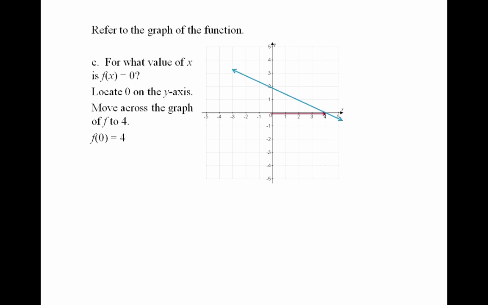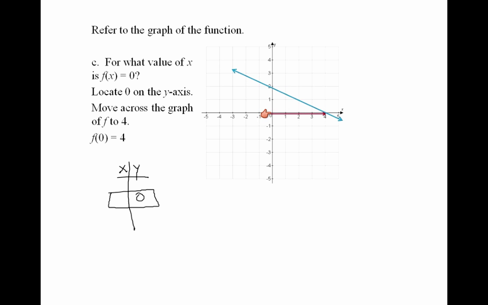In this case, for what value of x is f of x equal to 0? So they're switching this now. They're saying that for what x would y be equal to 0, in other words. That's what they're saying. Okay, so I'm going to look at my y. At what point is y 0?